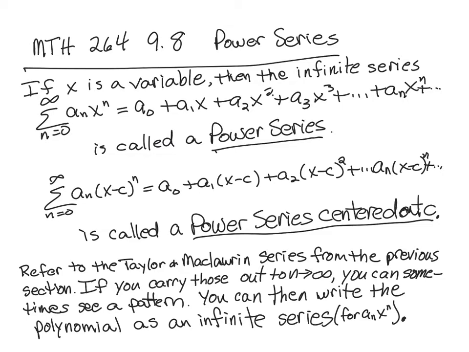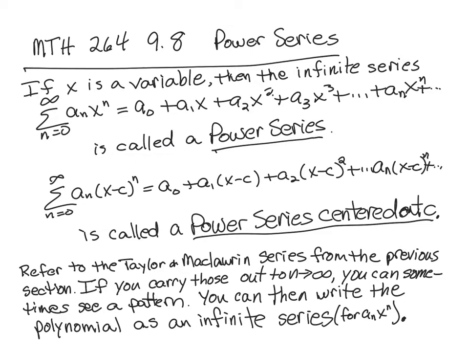Think back to what we just did in the last section, Taylor and Maclaurin polynomials. If we look at them as infinite, if n goes to infinity, then, like I just said, we can see the pattern and come up with a function of n that represents all of our a sub n's, and we can write these polynomials as infinite series.